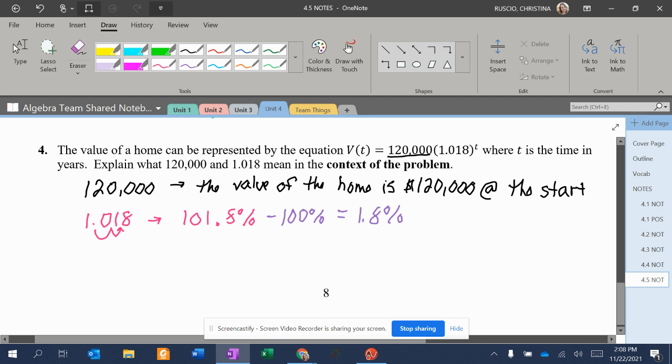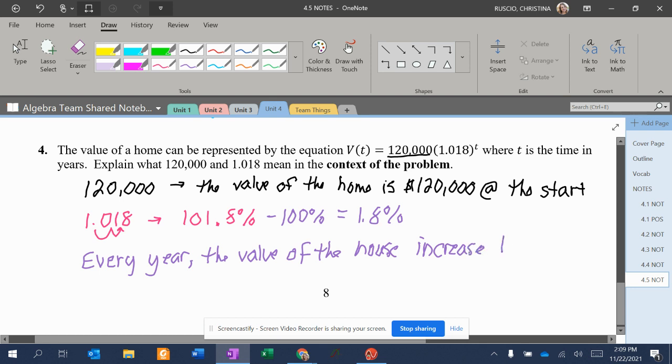This is kind of like a slope. So every what? Every year, the what? The value of the house. What's happening? Increases, because it was bigger than 1 or 100%, by 1.8%.